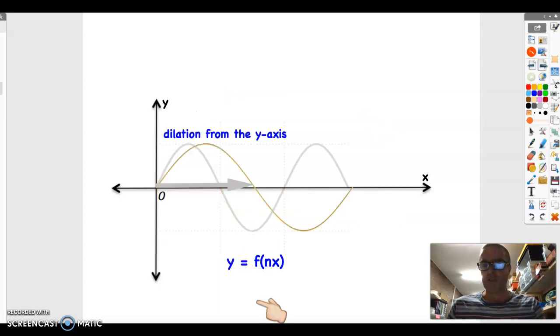Another important transformation of these graphs is when they're dilated from the y-axis. So they stretch away from or towards the y-axis. It changes the length of the wave. And this type of dilation happens when we give x a coefficient in the function, so f of nx.